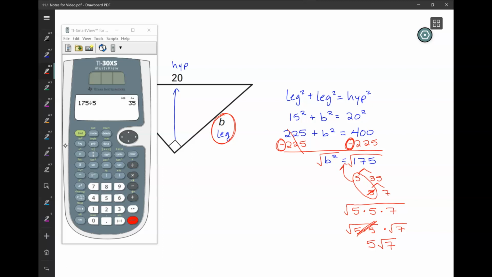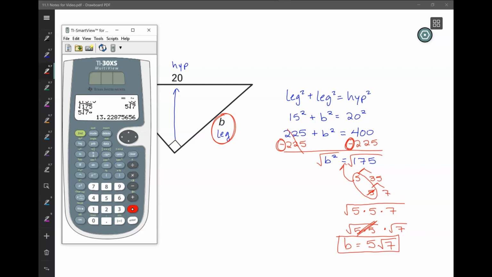But this is why. Here's a pair. The square root of 5 times 5 is 5. And then the 7 is left over. So b here is 5 square roots of 7. I could also get a decimal. Let me show you that that is actually 5 square roots of 7.